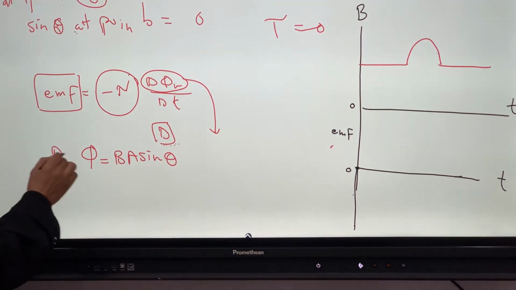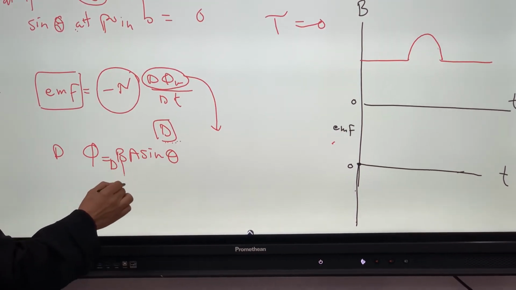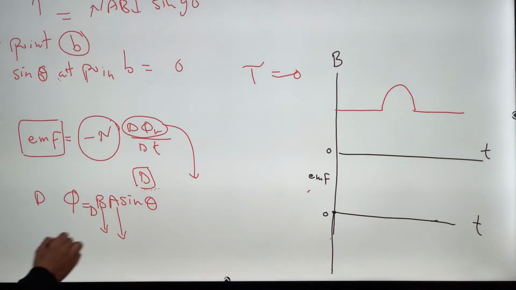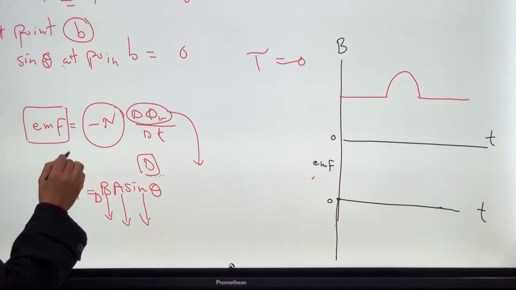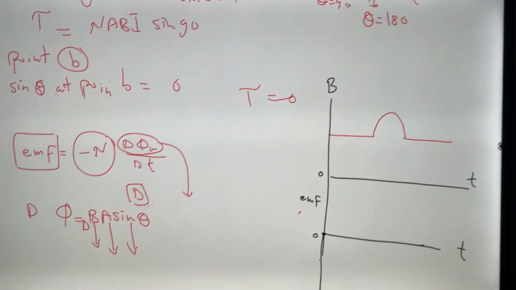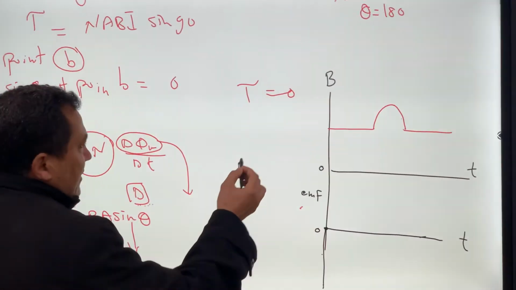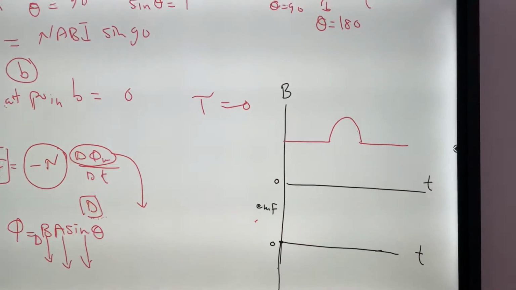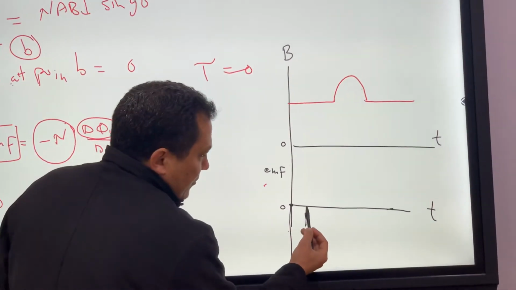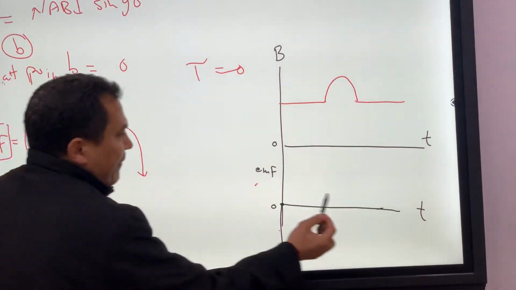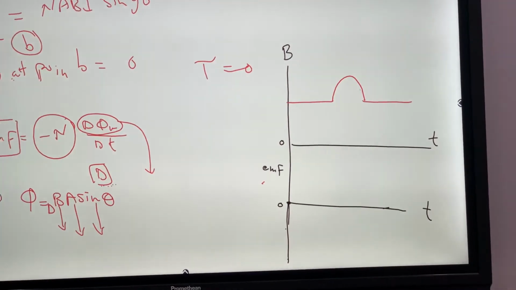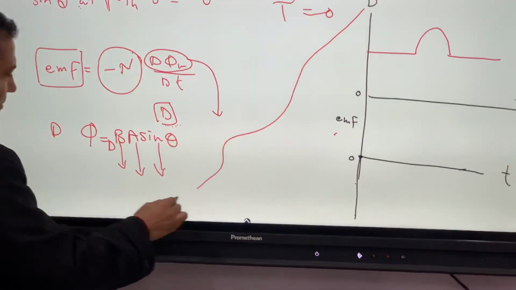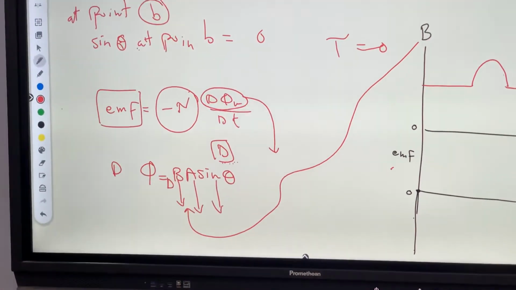So this rate of change may be a change in magnetic density, or a change in area, or a change in the angle. This relation is not a change between B and T. How can I draw a graph between induced EMF and time? You must find the rate of change of density B.